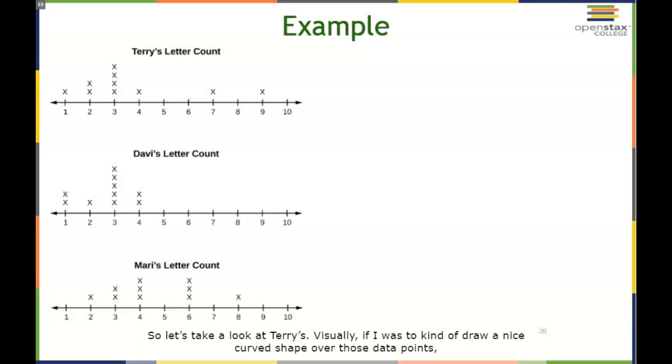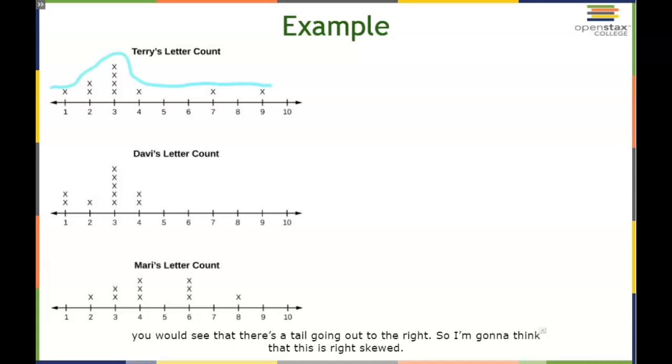Visually, if I was to draw a nice curve shape over those data points, you would see that there's a tail going out to the right. So I'm going to think that this is right skewed. There's some weight over on the right side. I still have to run the numbers, but I'm going to say that's right skewed for now.